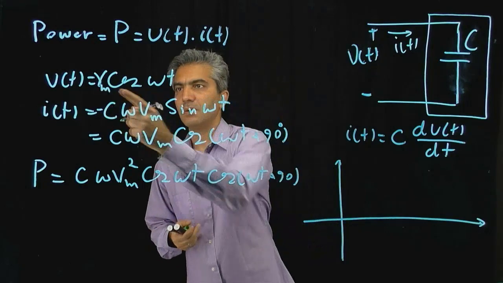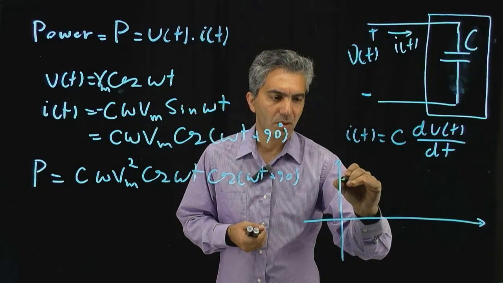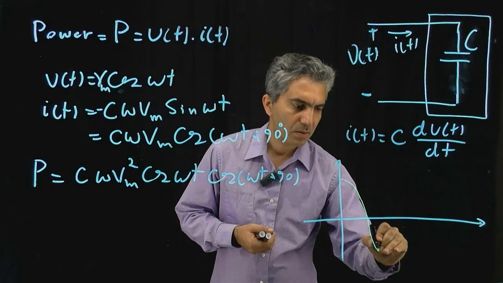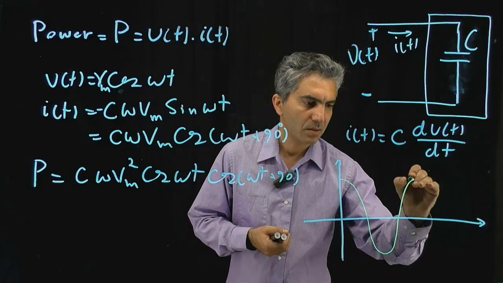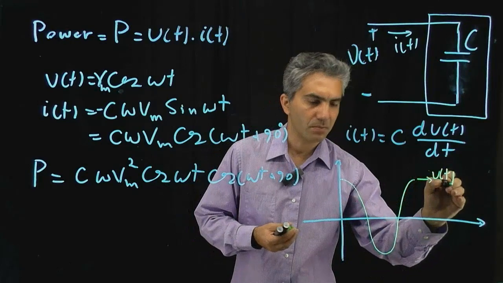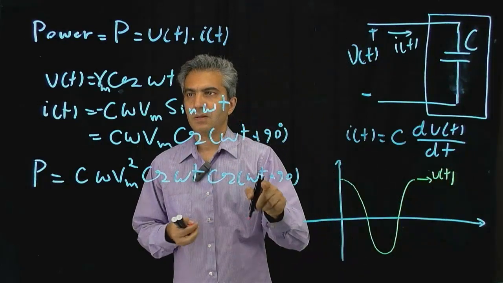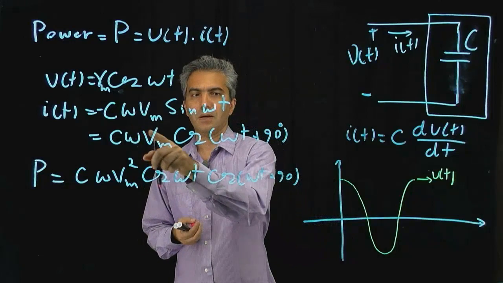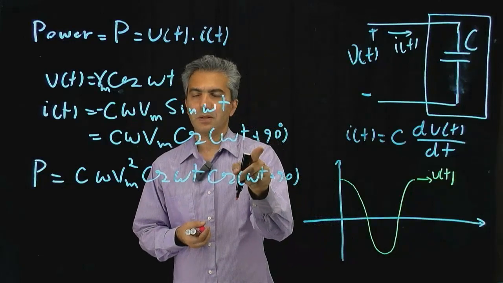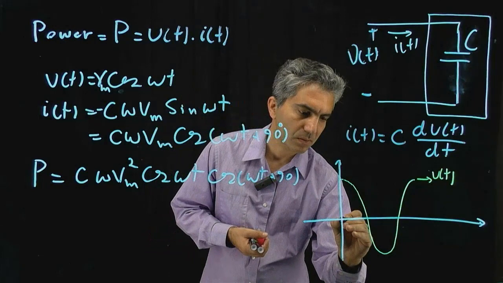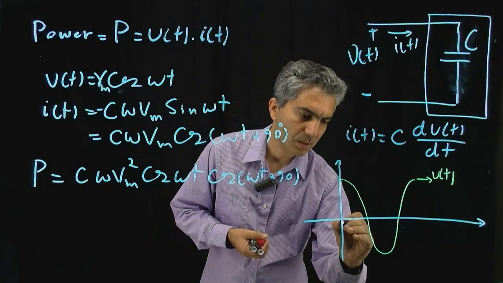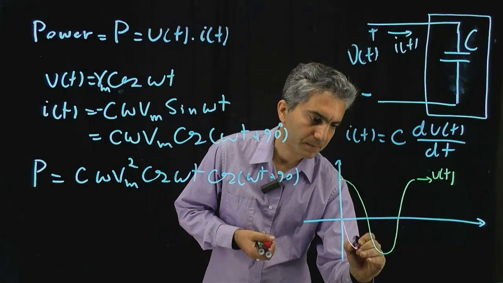This time this is the voltage, and the current is 90 degrees ahead, so this would be the current.